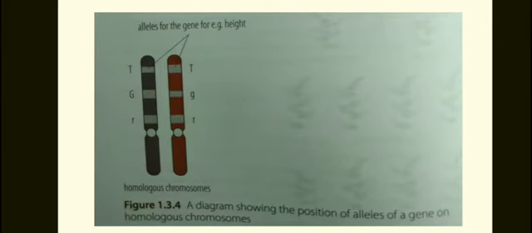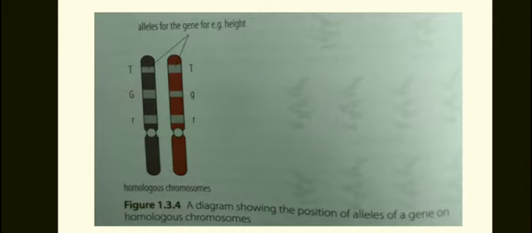So we see in this chromosome here, I spoke about loci, that's plural, locus singular. There is a locus for height. You see TT. There's another locus for the color of the seeds.